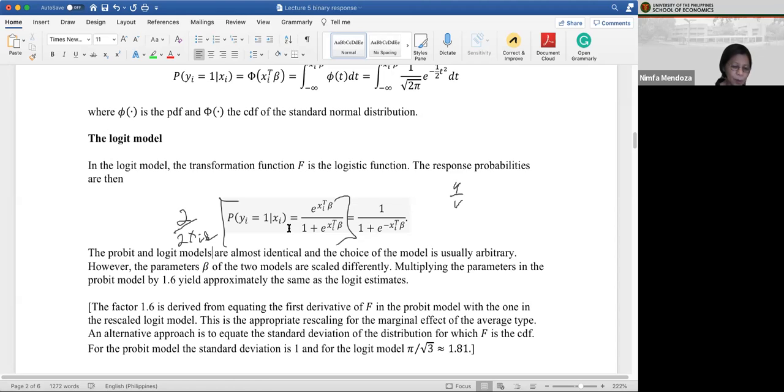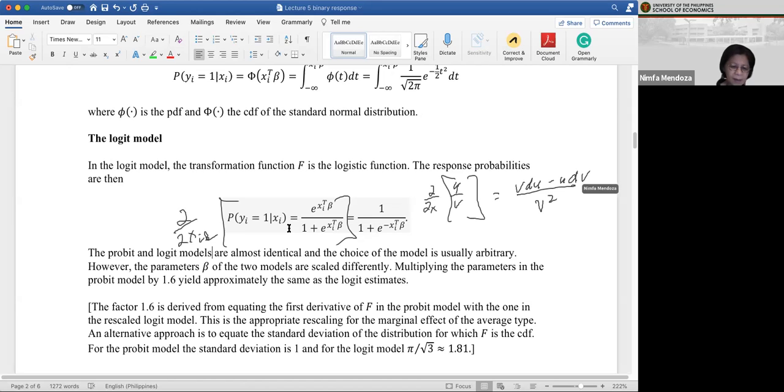Suppose you want to get the partial of that with respect to some variable x. You can use the formula for a quotient. What is the formula? You have v squared in the denominator, with v du minus u dv.